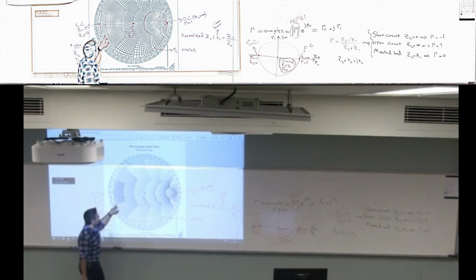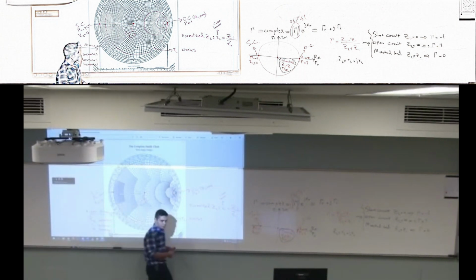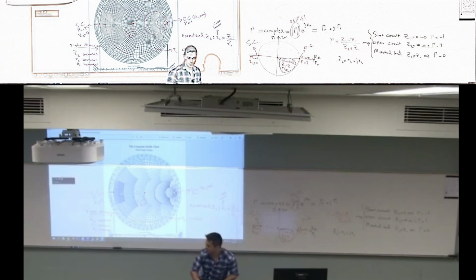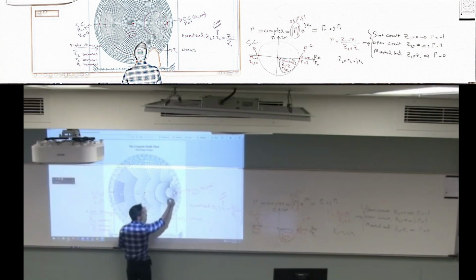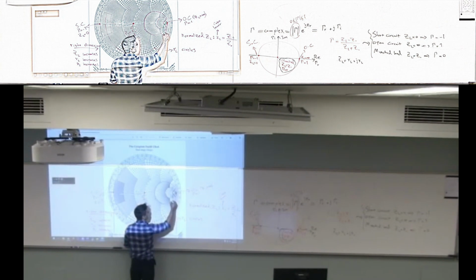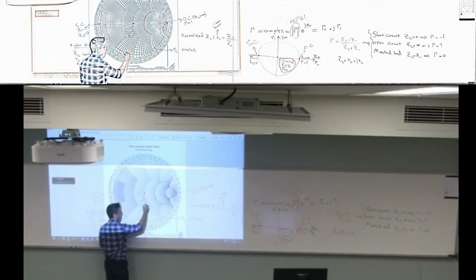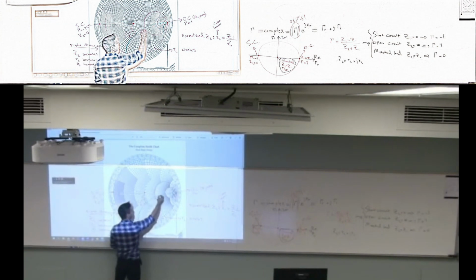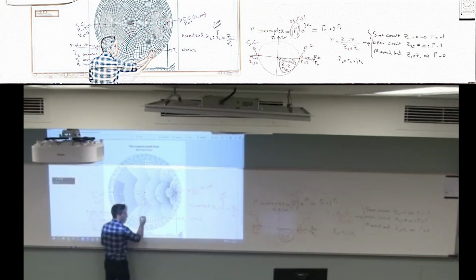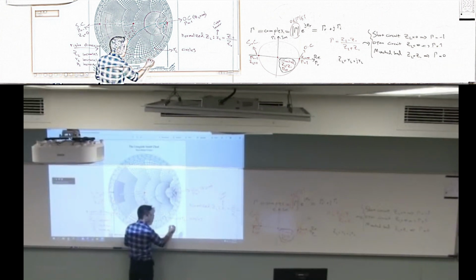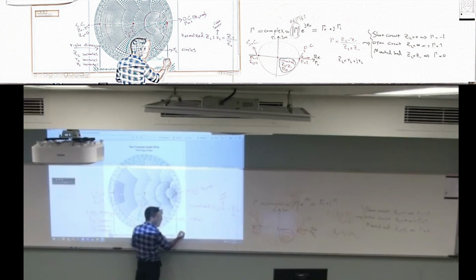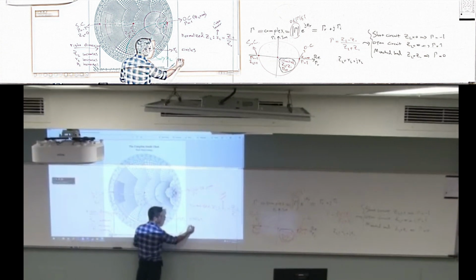Now, how about the values of XL? These circles, as unclear as they may seem, are the constant XL value circles.